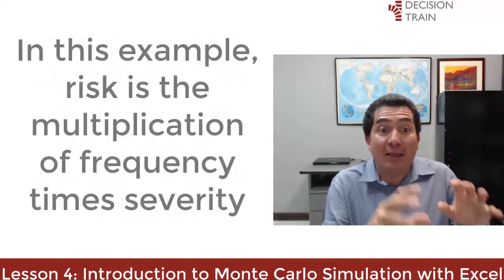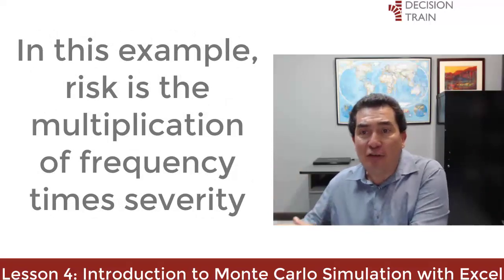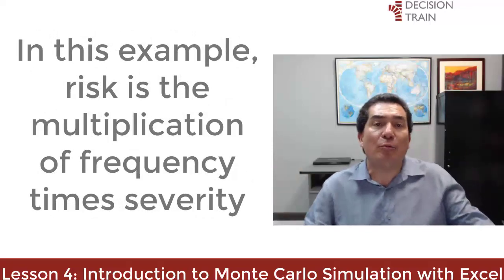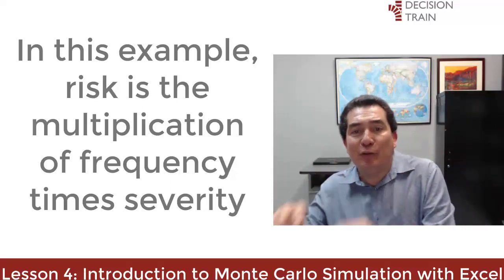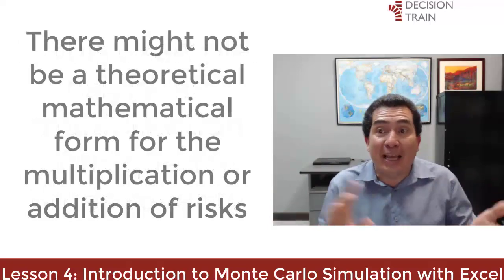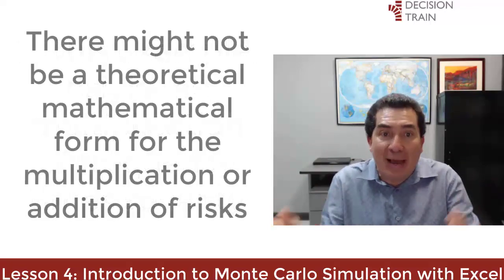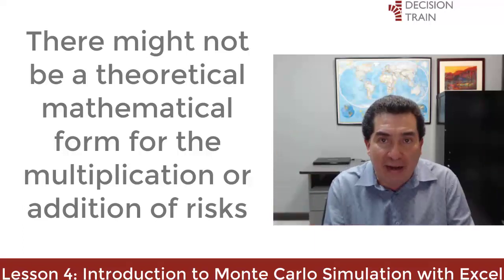For example, in the case that we will see, the quantification of a risk is essentially the multiplication of a distribution of a probability or frequency by a distribution of severity or impact. There will not necessarily be a theoretical mathematical form for the multiplication of both variables.